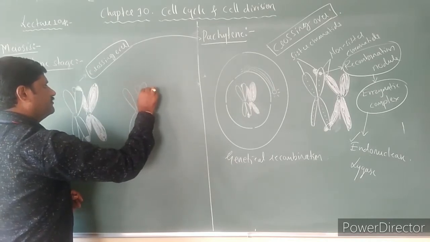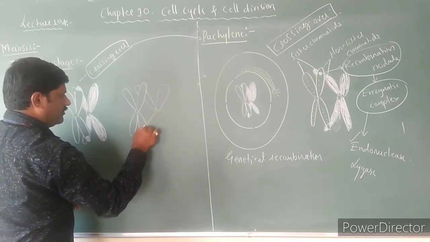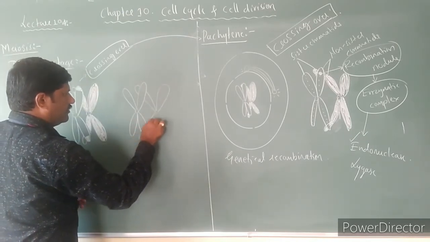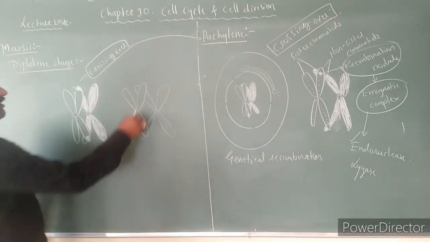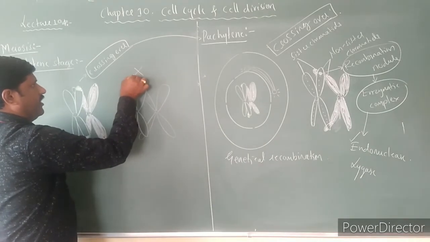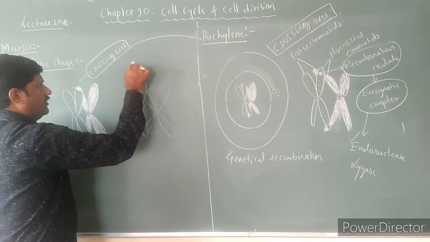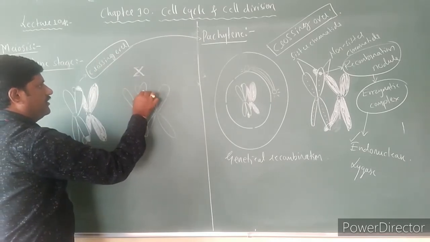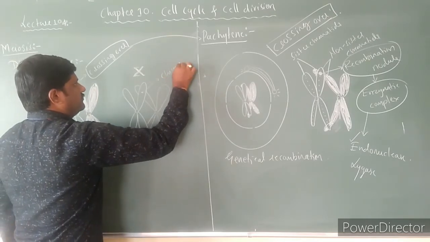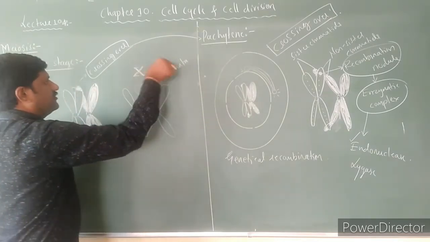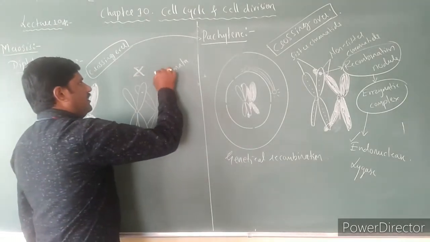See here. How does it look? It looks like an X mark. It looks like X, and this point is called chiasmata. The X-shaped structure itself is called chiasmata.